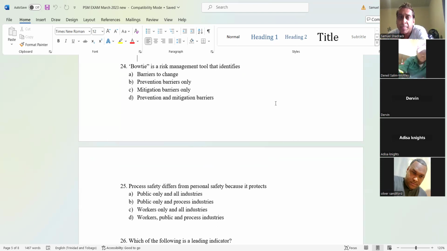Mitigation means control, right? Prevention and mitigation barriers. I guess you're saying D, but Zoom doesn't work the other way. I think you all can hear me, but I can't hear you all. So the answer is D. Let me see if I get one more.